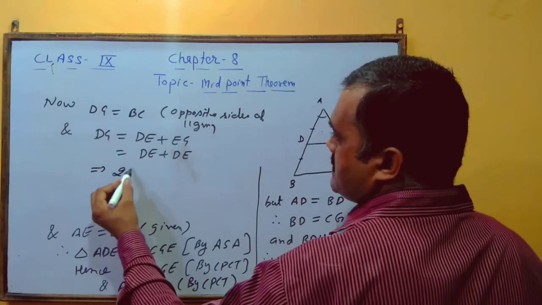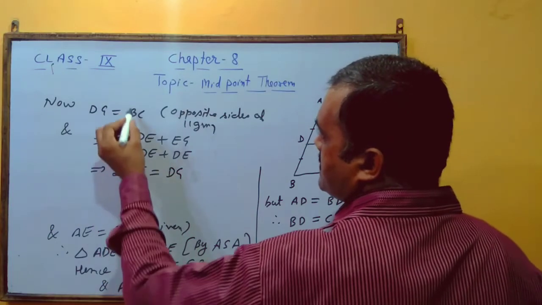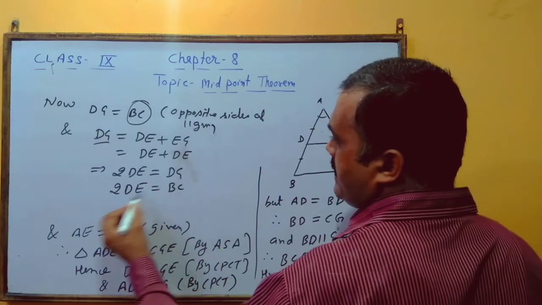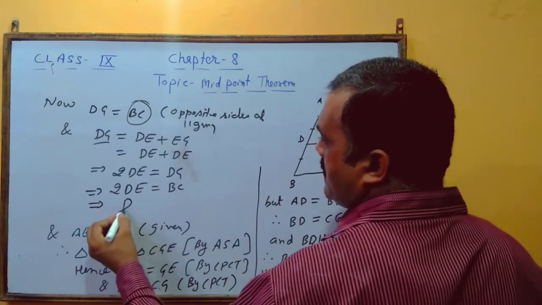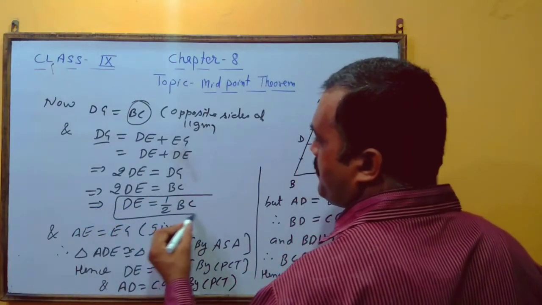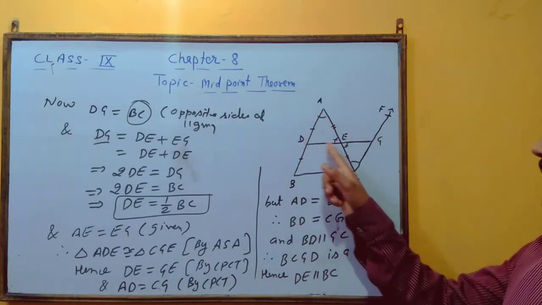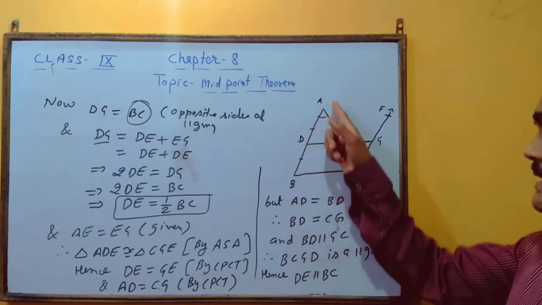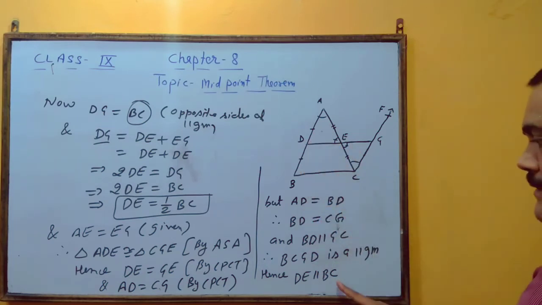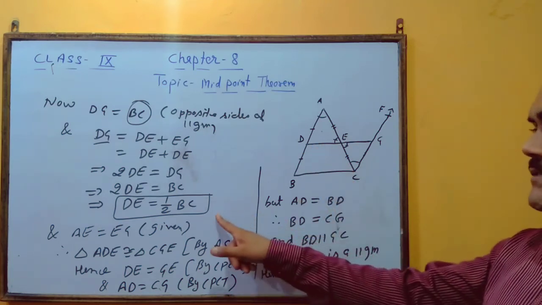So we have twice DE is equal to this DG, but you know DG is equal to BC, therefore twice DE is equal to BC, or DE is equal to half of BC. So this is the proof that in a triangle, if a line segment DE joins the midpoints of two sides AB and AC, then this will be parallel to the third side, which we have done here, and this is equal to half of this third side. So DE is equal to half of BC, we have done it here.